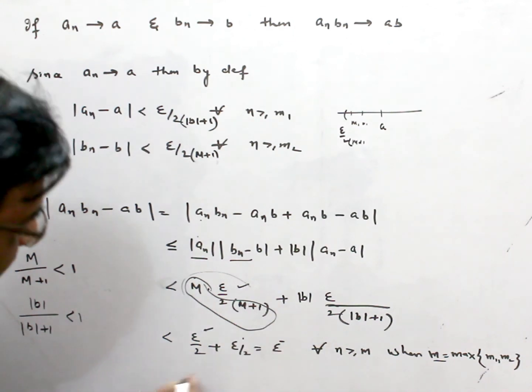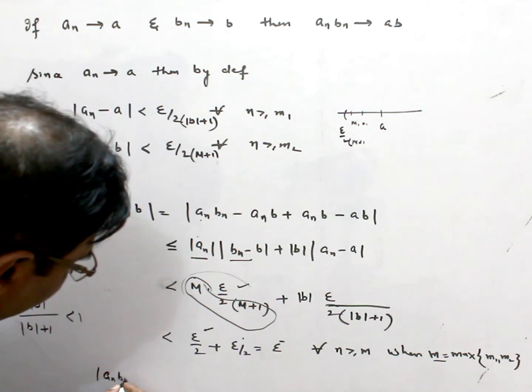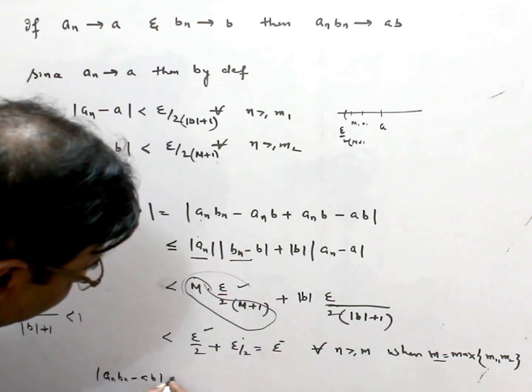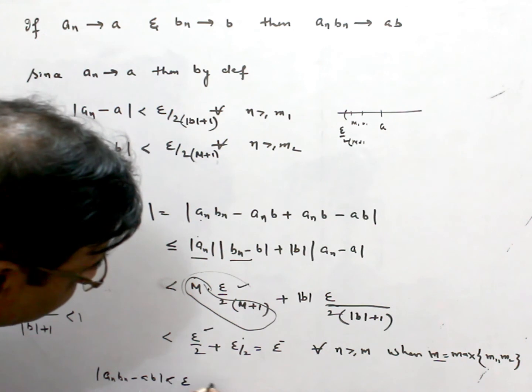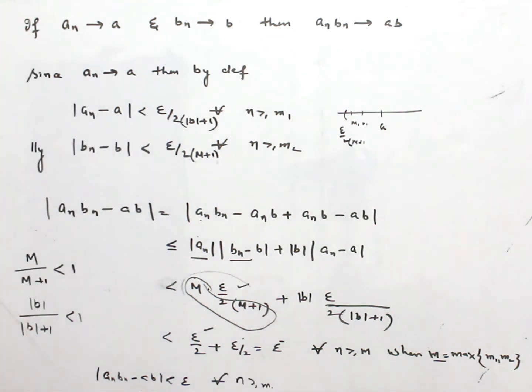So this is the result, and from here we get |a_n b_n minus ab| less than epsilon for all n greater than m. So this is the result.